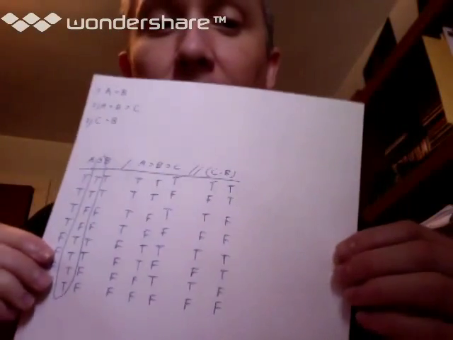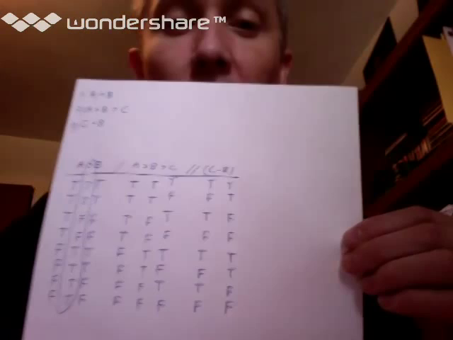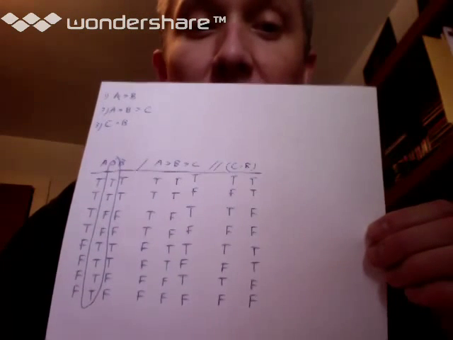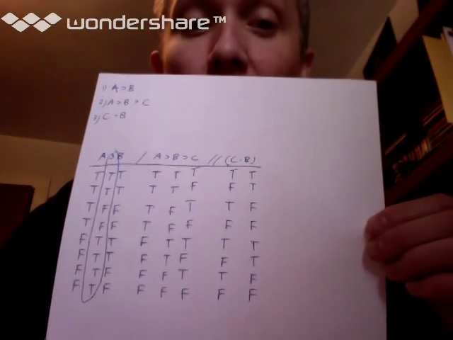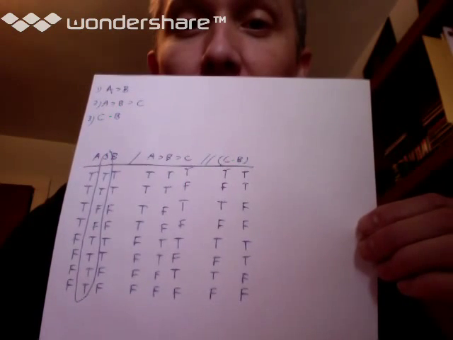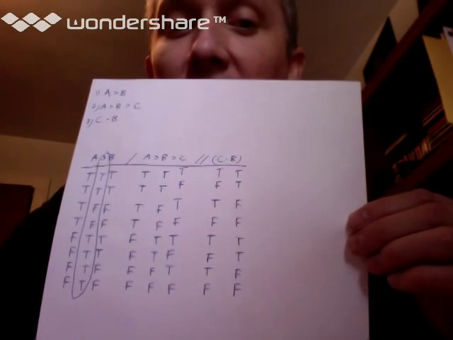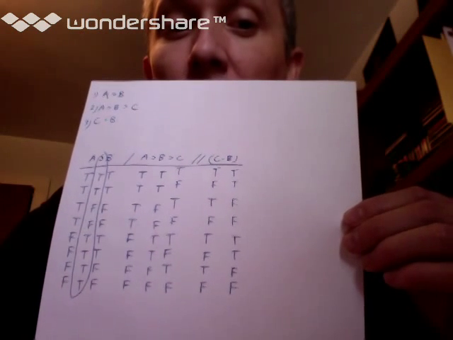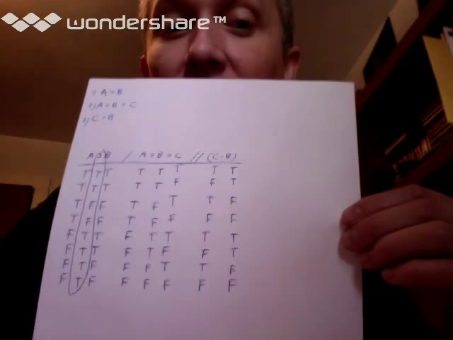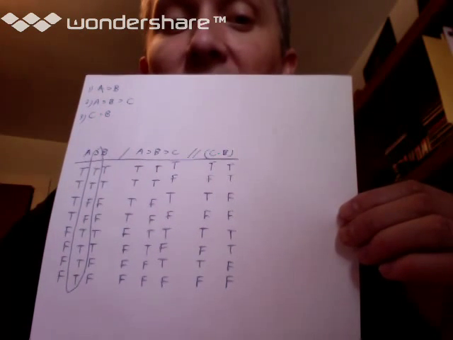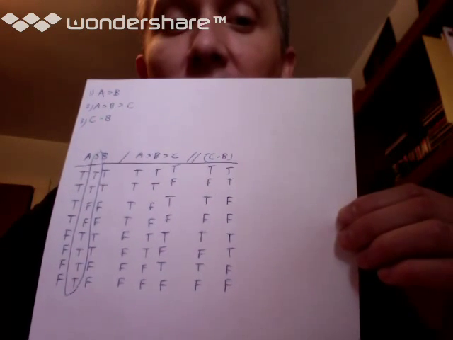Okay, I've done that. And the rule for our horseshoe statement, our if-then statement, is that when the first side, underneath the A, is true and the second side is false, then it's false. Every other case, it's true.